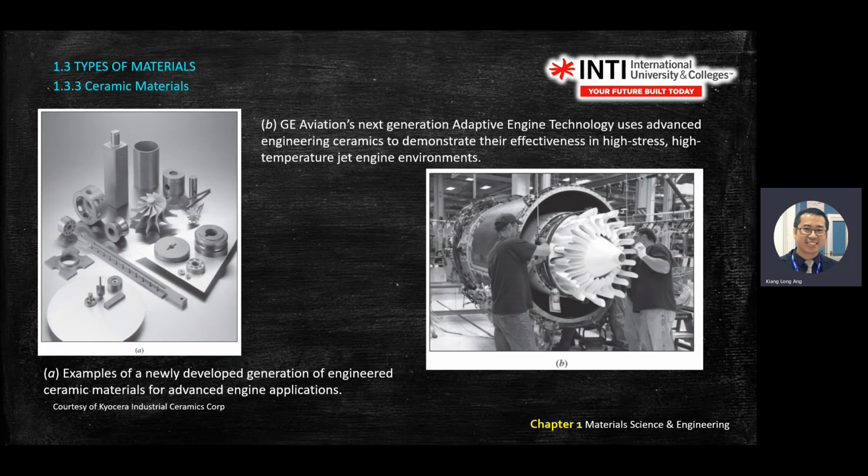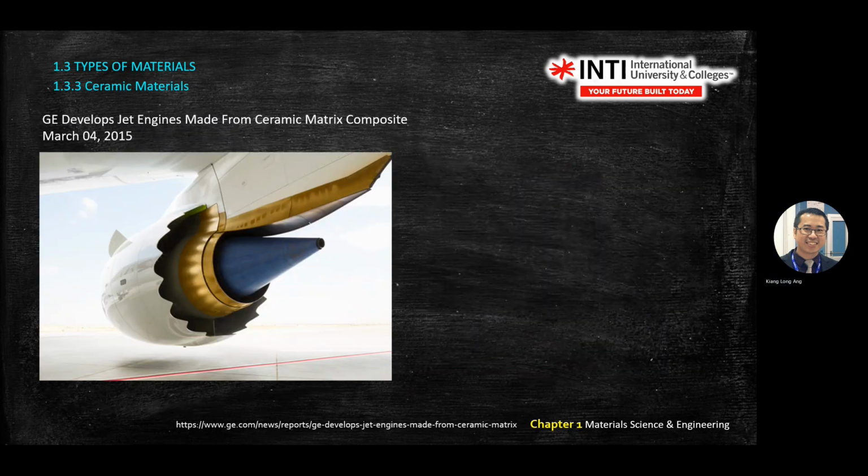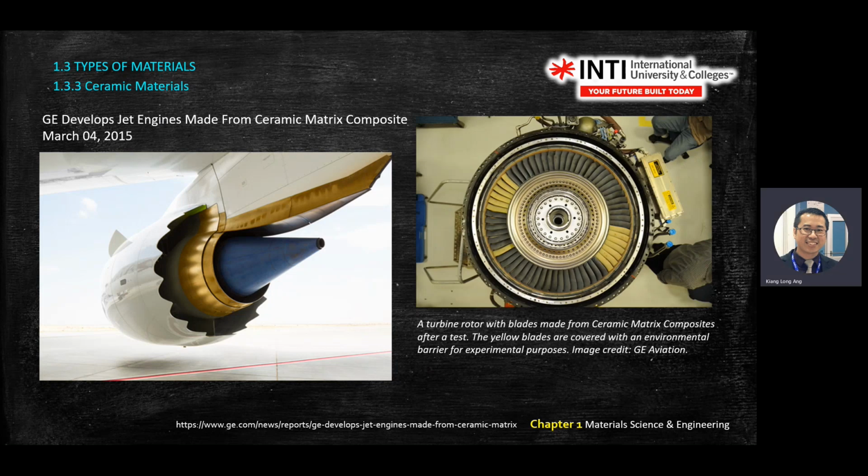These are applications of ceramic. Most of it is in engines, thermal, because they are good insulation. So something linked with the engine, then there is a ceramic there. These are a few examples of ceramic.